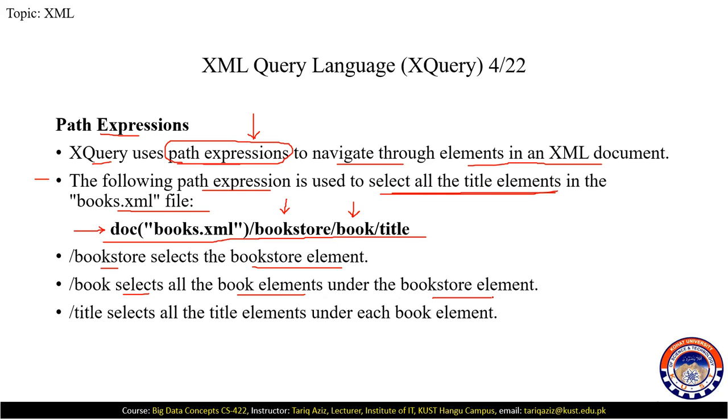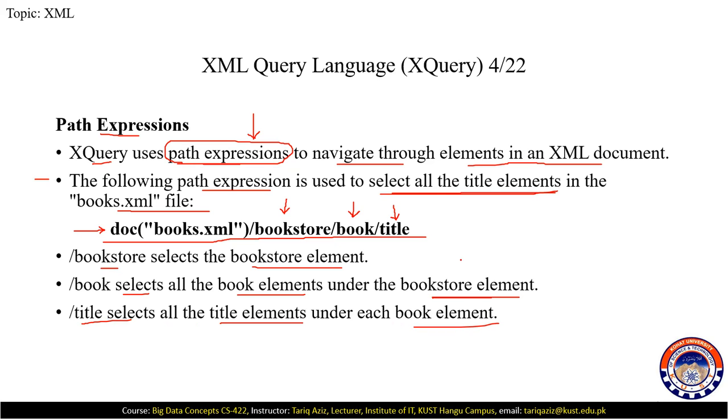As we said, the bookstore element is our root node, so under this root node we have the book node. Then finally we have the title element. Slash title selects all the title elements under each book element.